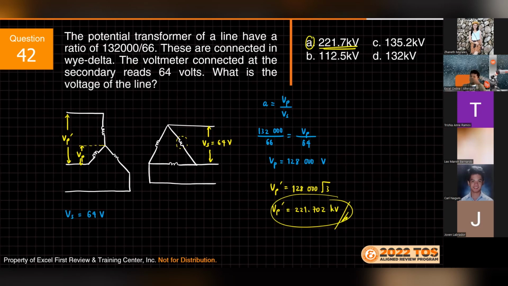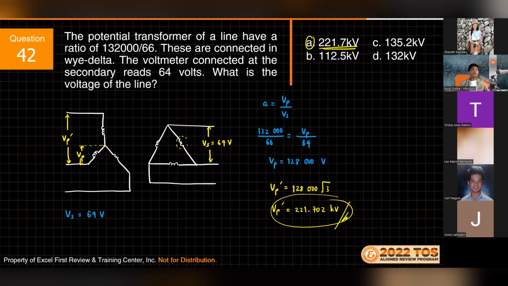Okay po? So, ganun siya gawin. Kaya tandaan natin, in instrument transformer, ang transformation ratio natin, phase to phase talaga lagi ang pagkaka-transform nung voltages and currents.